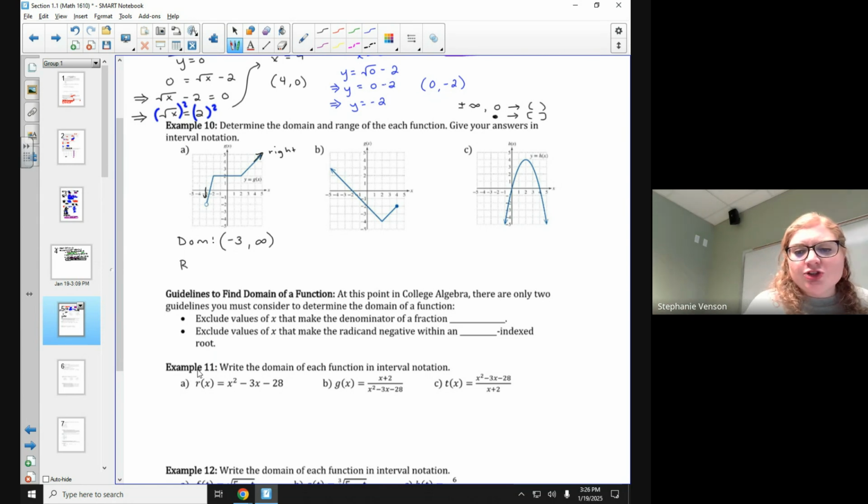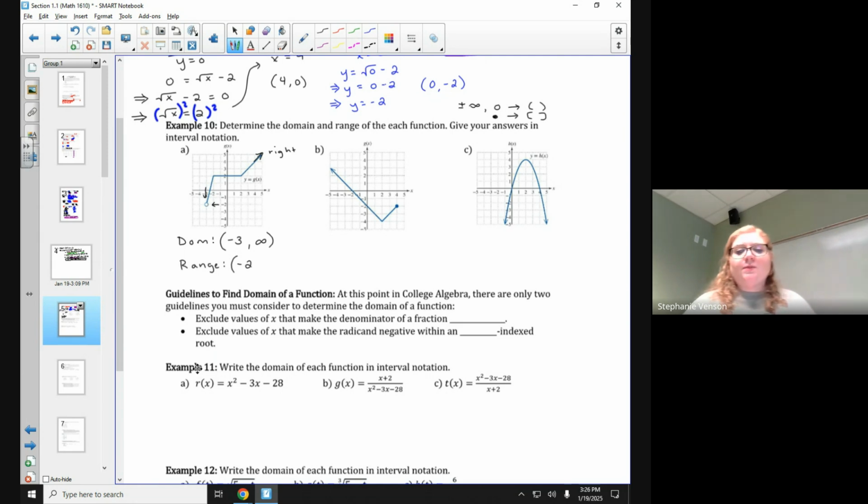Let's look at the range. Okay, so similarly, looks like this is the lowest y value that ever exists, and that's -2. Again, that's an open circle, so it'll get a parenthesis. But then this arrow right here, not only does it go forever right, it also goes forever up.